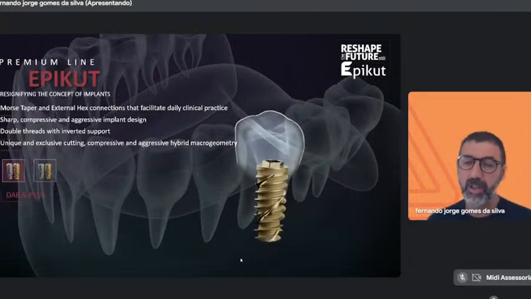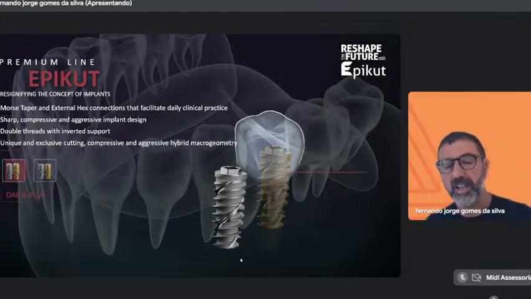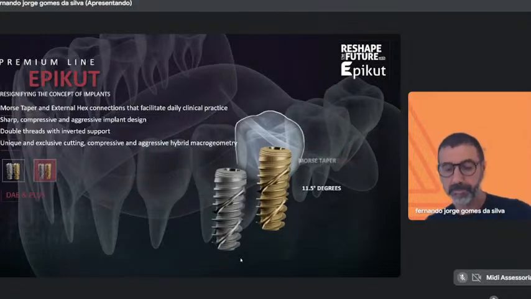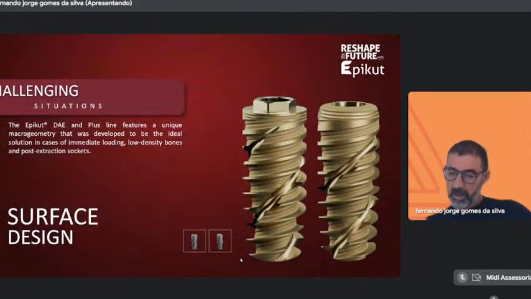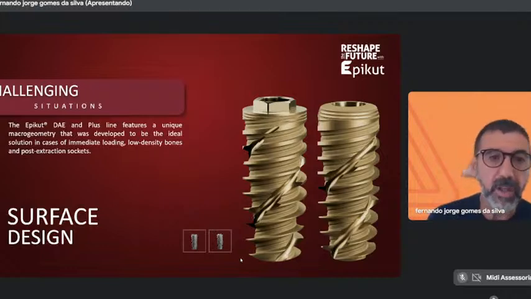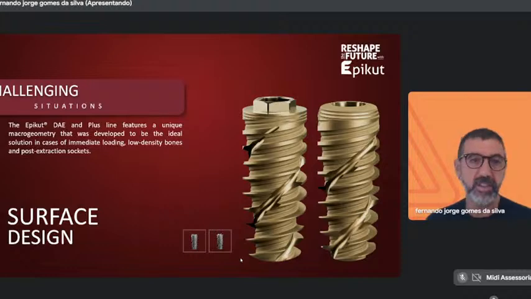These are both connections, external hex and the Morse taper. The EpiCut is ideal for solutions in case of immediate loading, low density bones, and post-extraction sockets.